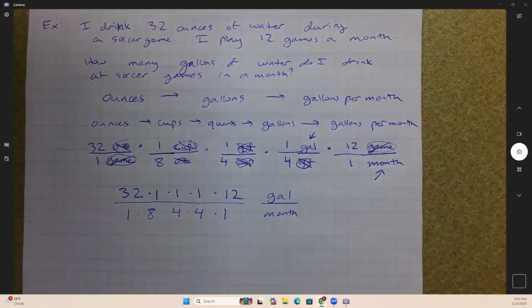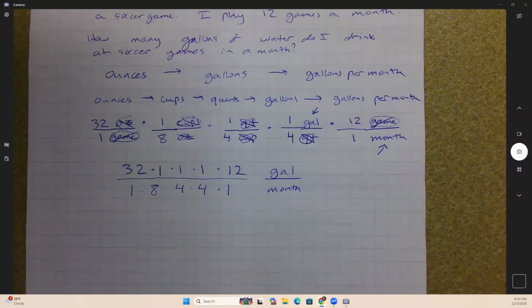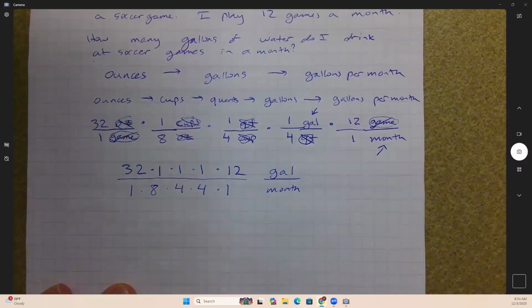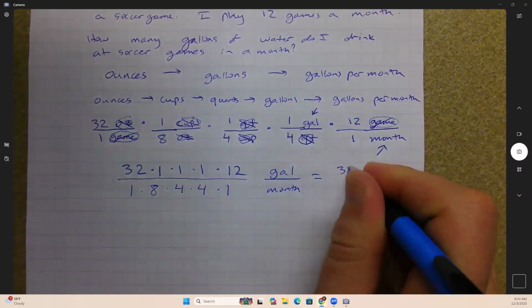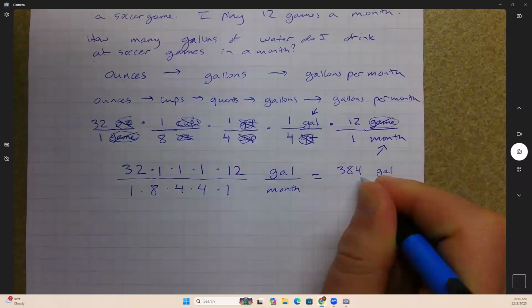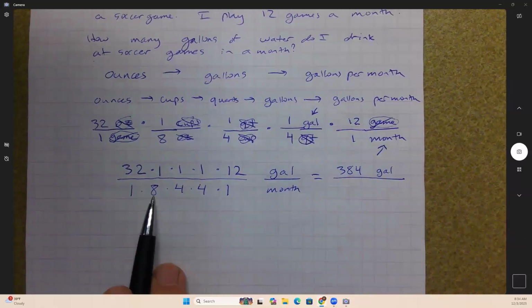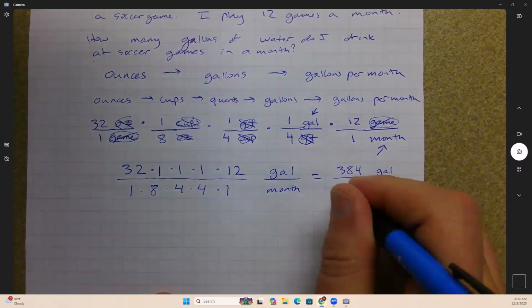It's probably a good idea to do these multiplications before you do the division. So we're going to do 32 times 12, which is 384. And then we're going to do 8 times 4 times 4, which is 128.